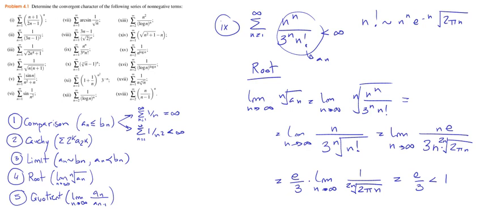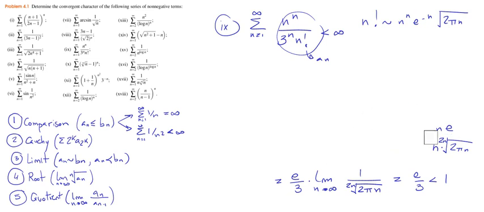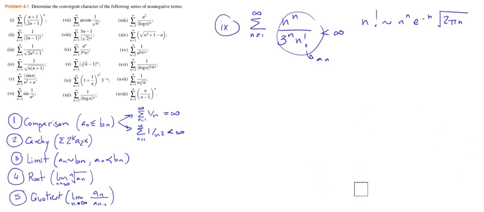But we could also use the quotient test. Let's see how that works. Because whenever you have factorials, the quotient test works well as well. So the quotient test is the limit when n goes to infinity of a sub n divided by a sub n minus 1.